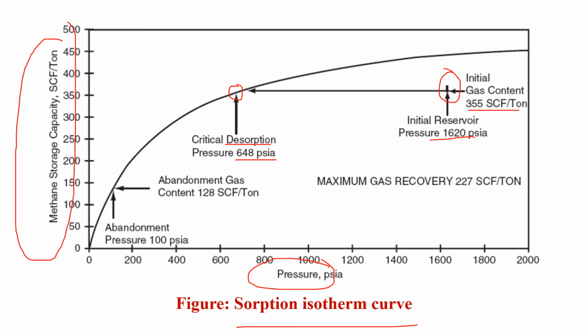So there are economic limits, or company economic limits, depending on overburden gradients or government regulations, up to which we can produce. So this is the critical production stage. So maximum gas recovery is 227 SCF per ton for this example. So it is in this range that we have production of methane from coal seams.